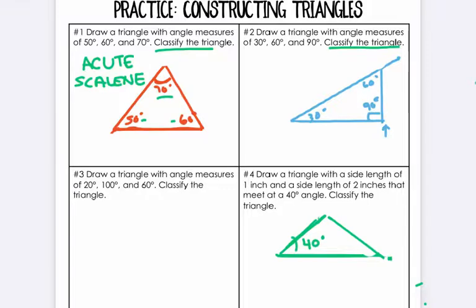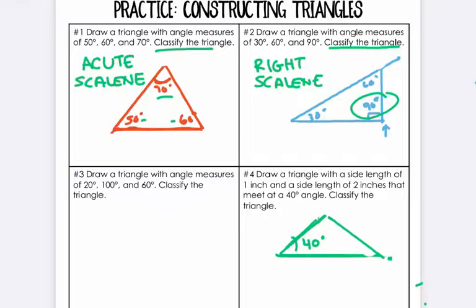Now, of course, over here on number 2, we have that 90-degree triangle. So by angle, it is a right triangle, right? But it also is scalene. There are no two sides the same. Down here on number 4, we have a 40-degree angle, and we know it's scalene, right?